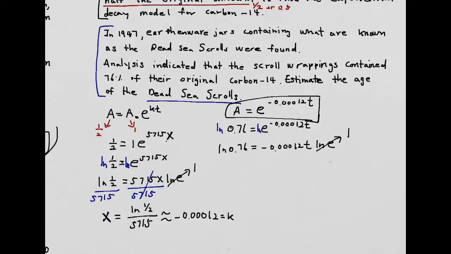And then you're going to divide that by the rate, so that you isolate t, where your t is going to be 2,287. So the age of that scroll will be 2,287 years before 1947.